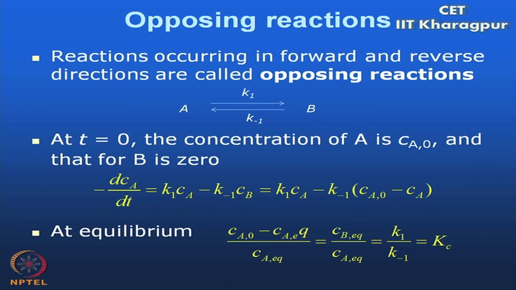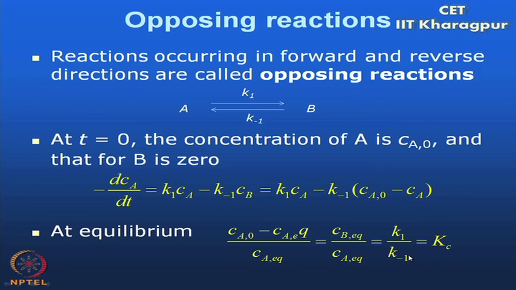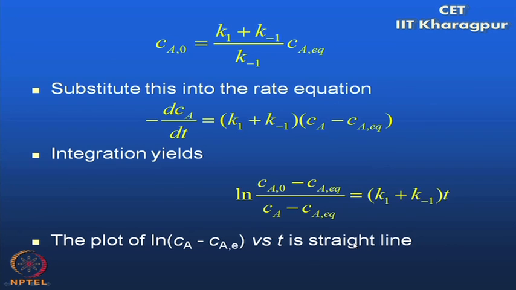Okay. Then from this you can get Ca0 is equal to (K1 plus K minus 1) by K minus 1 times Ca equilibrium. Okay. And then substitute this into the rate equation.